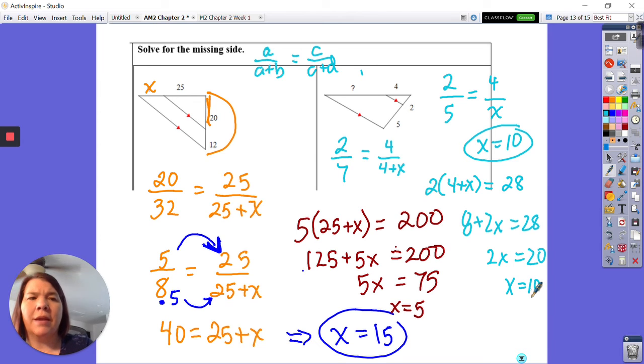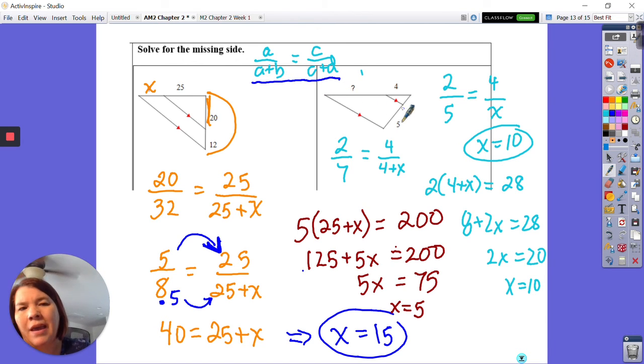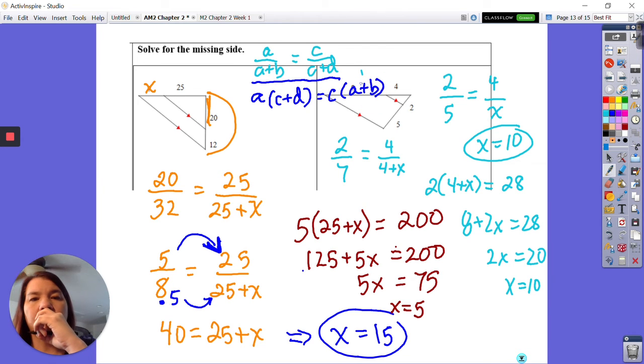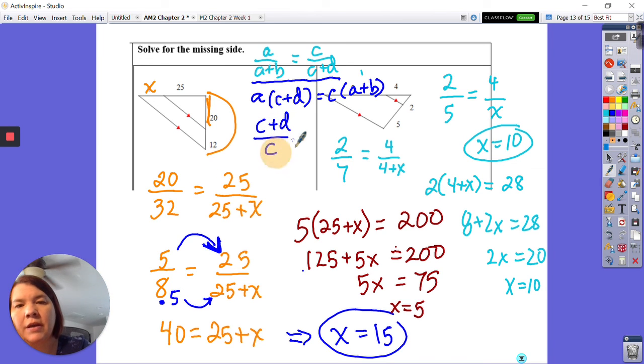So A over A plus B equals C over C plus D, which, if I cross multiply, and I need to play a little game here, which is weird, C plus D divided by C, A plus B divided by A, and I get 1 plus D over C equals 1 plus B over A, and the ones go away, and I can have part over whole.